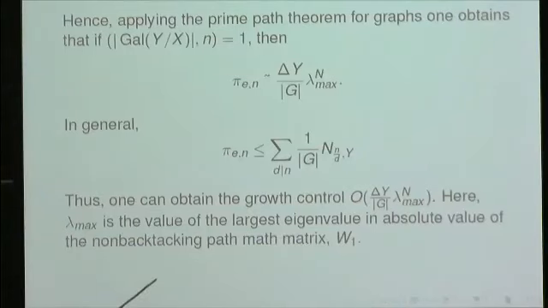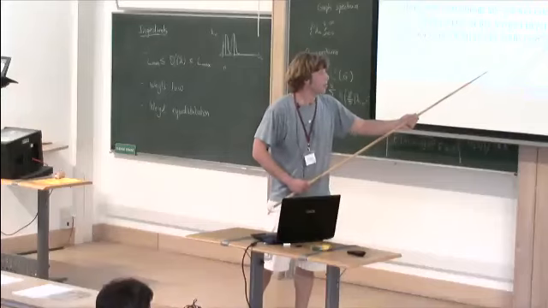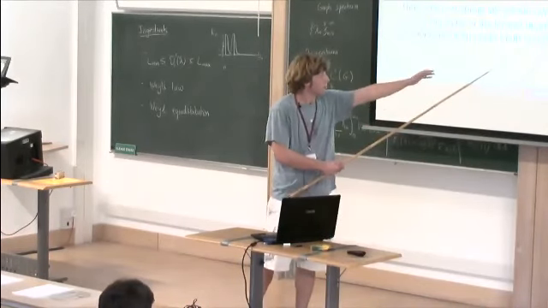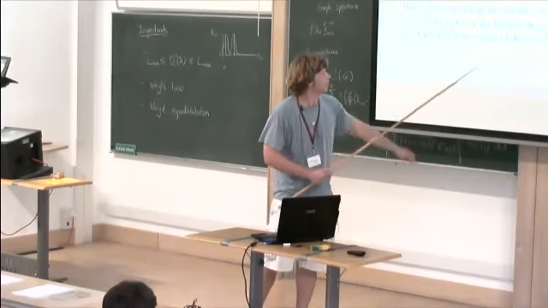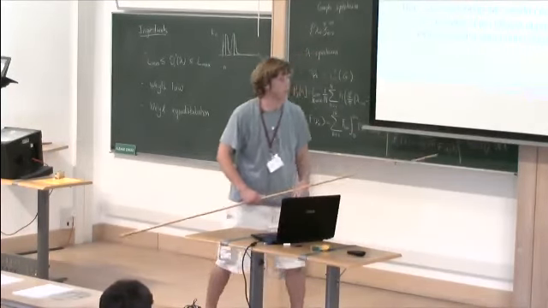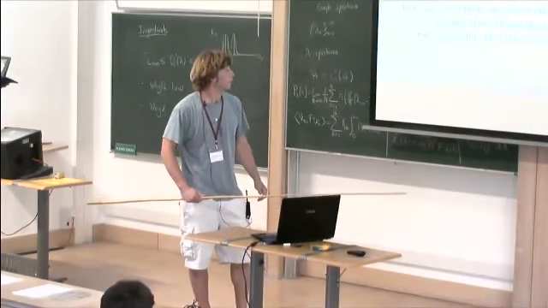So thus, you can combine these two things and realize you have a growth control condition on the number of prime paths of length n which split completely for a graph covering y over x. Namely, they can never be big. They're always bounded from above by this delta y over the size of your lift times the maximum eigenvalue associated to this W1 matrix.